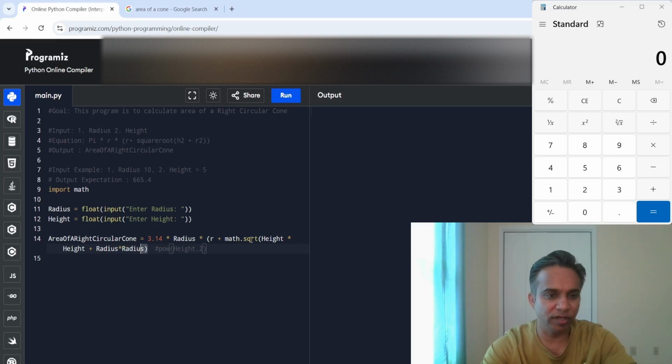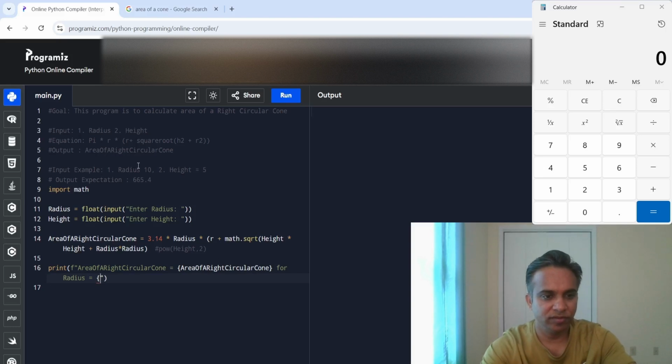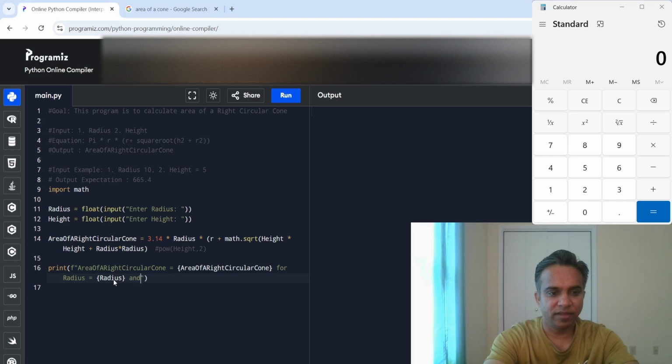So if we have implemented the equation, now we are going to print f the area of a right circular cone is nothing but what we have calculated for radius equal to, we put the radius variable and height equal to height.